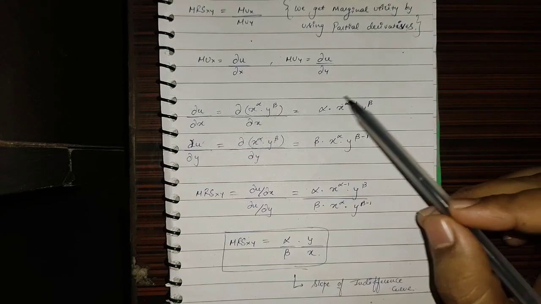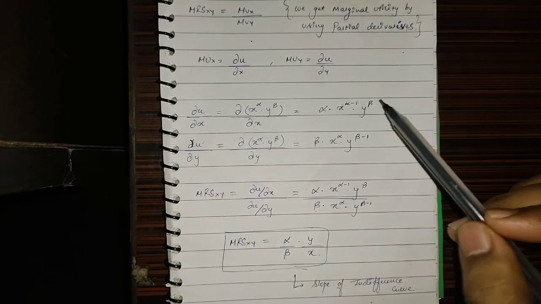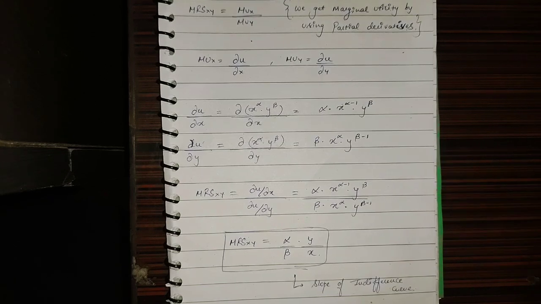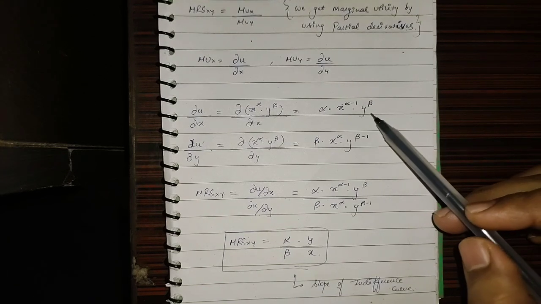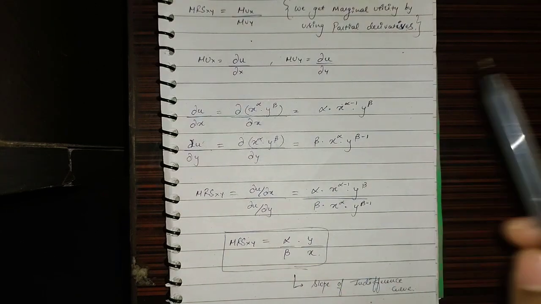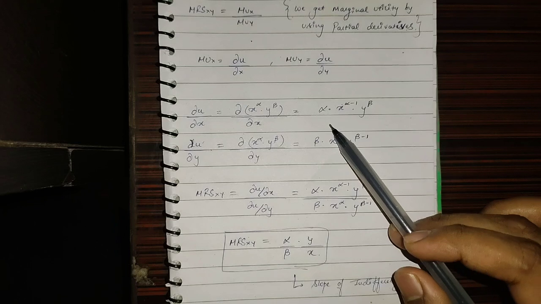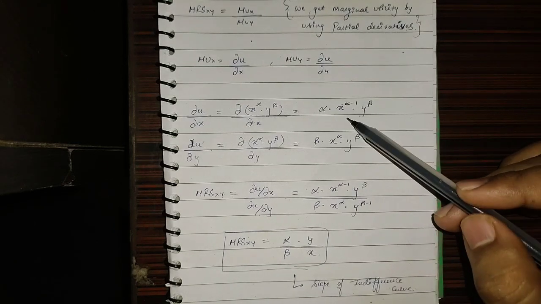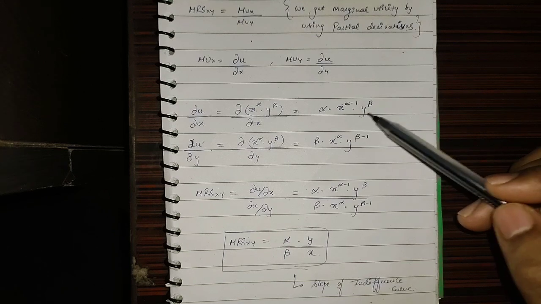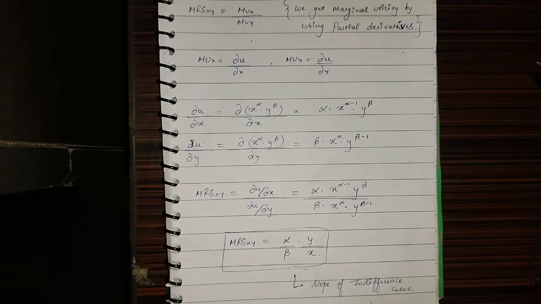So alpha will come down and the power of X becomes alpha minus 1. Since we are doing partial differentiation, y will remain a constant. So the marginal utility of X is alpha multiplied by X to the power alpha minus 1 multiplied by Y to the power beta.